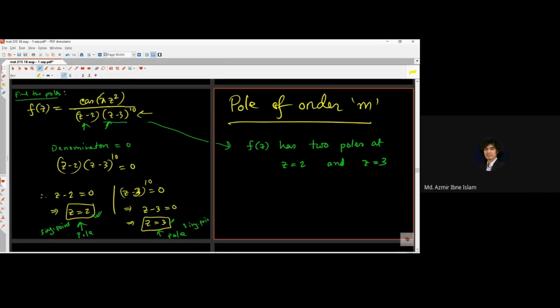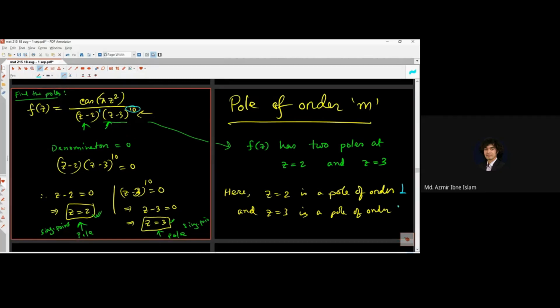Here z equal to 2 is a pole of order what? 1, 2, 3, 4. Which one will be? Order 1. Yes, that is z minus 2 with power 1. So that means z equal to 2 is a pole or singular point of order 1. Clear? And z equal to 3 is a pole of order 10.